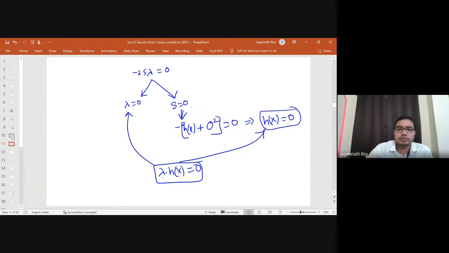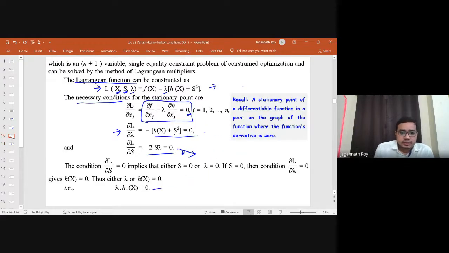So we want to define this in a way so that we eliminate s from the problem.